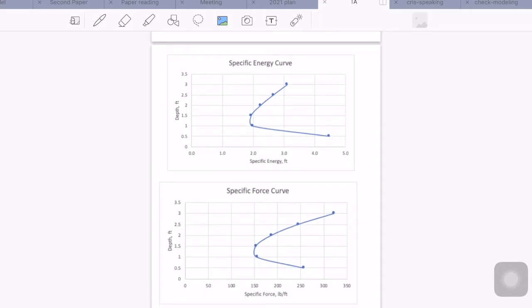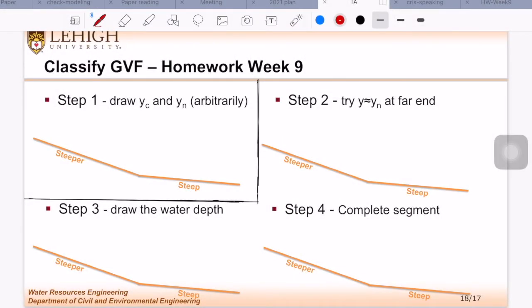Okay, so we have done this problem. From this slide, we will sketch water surface profiles, and I will follow all these 4 steps and draw everything on this single diagram. The first step, we need to draw the critical depths and the normal depths.